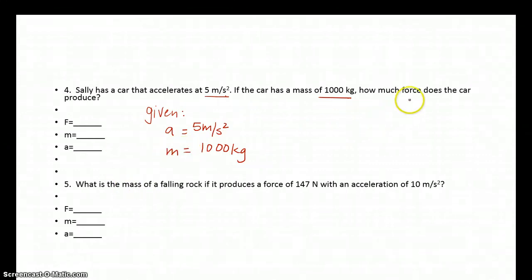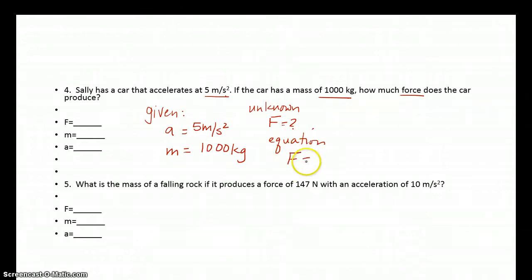And I am looking right now for force. Okay, so my unknown is force. That is what I'm trying to solve. So the next part is the equation that I need to use. When I look at all the equations we've used in the past, the one that best fits is force equals mass times acceleration.